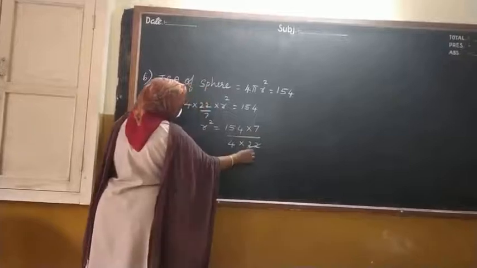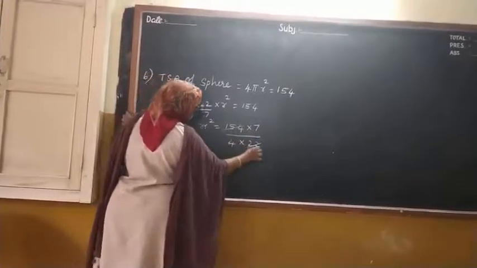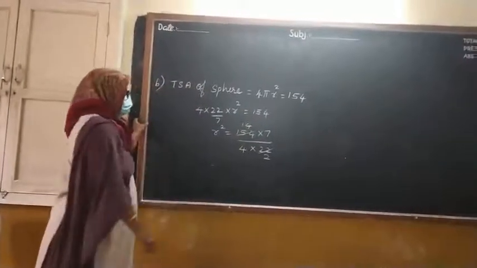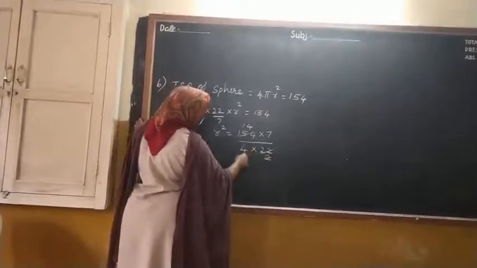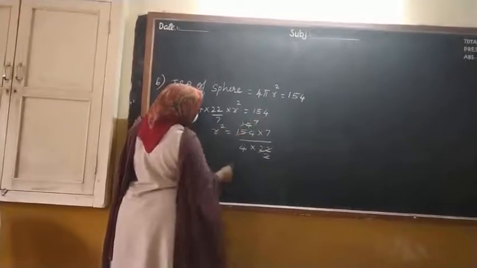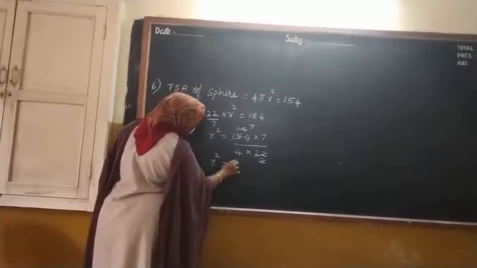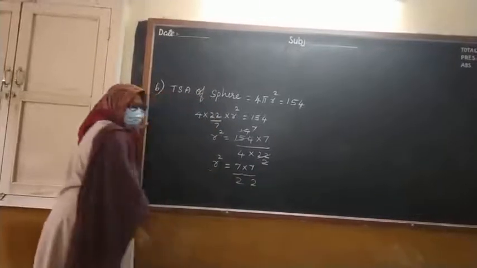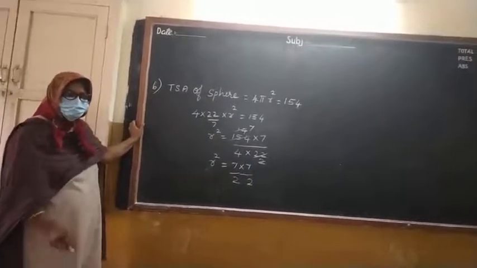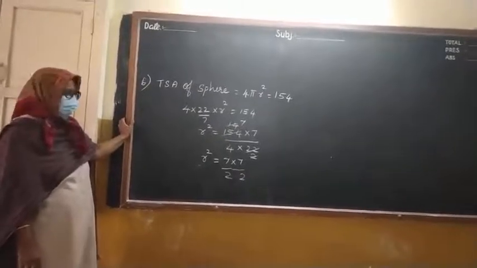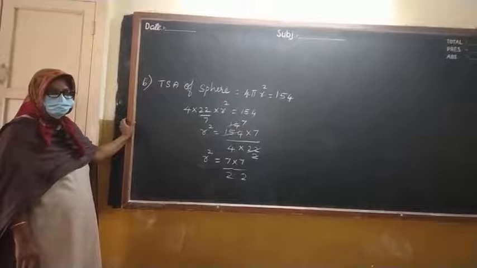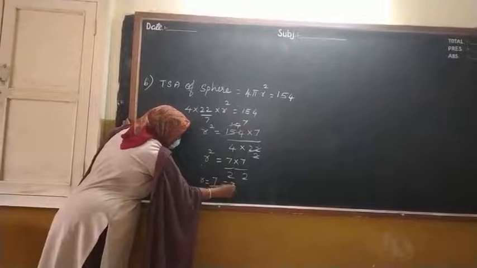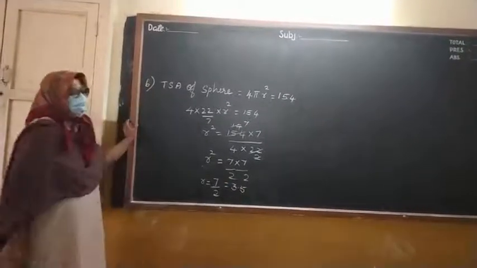You can cancel here, again you can cancel 7. So r square is equal to 7 into 7 by 2 into 2. So r is equal to 7 by 2, that is 3.5 centimeter.